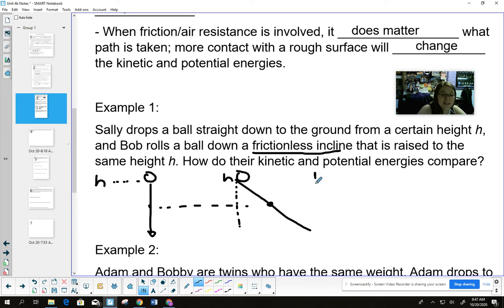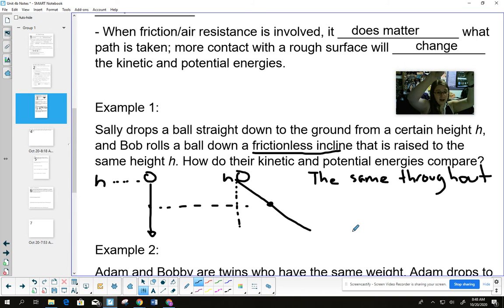They're going to be the same. They are the same throughout. And again, if this is a little confusing, we're going to try some practice problems in class to make it make a bit more sense. That's because there are no other forces impacting our ball.